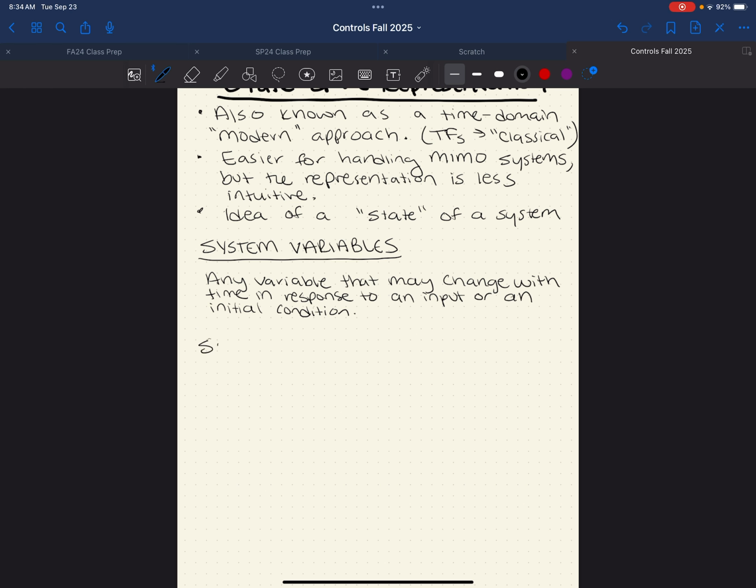But these state variables are more specific than the system variables.